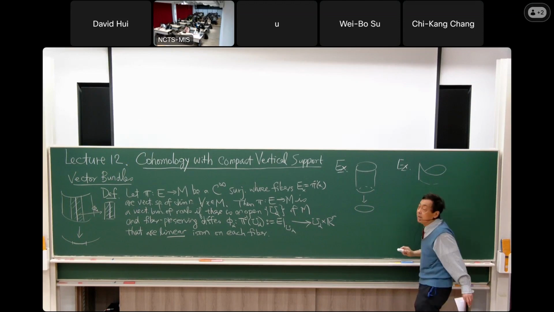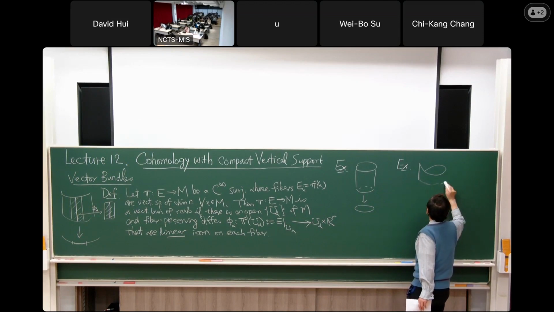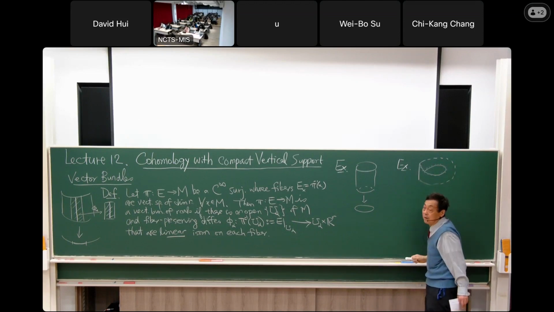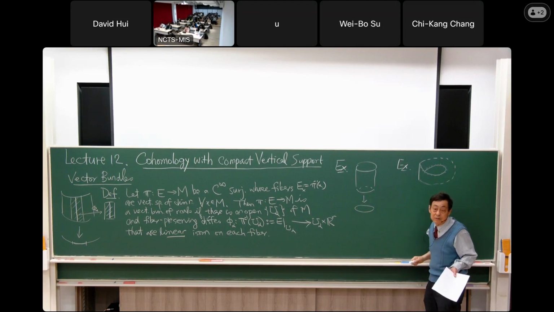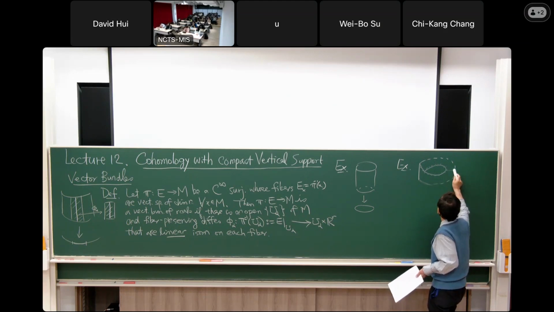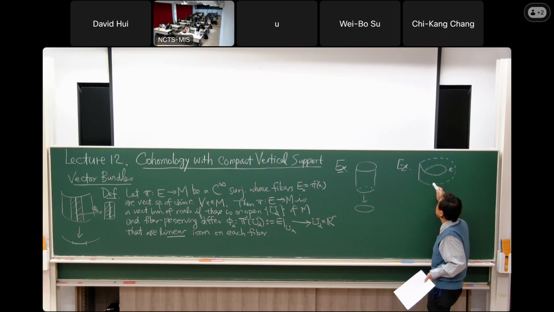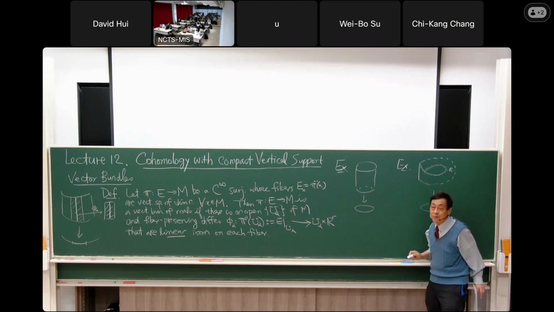So here, this is the open Möbius strip, and the fibers are open intervals, but an open interval is diffeomorphic to R. So you can think of the fibers as R. And then this Möbius strip is also a vector bundle over a circle.